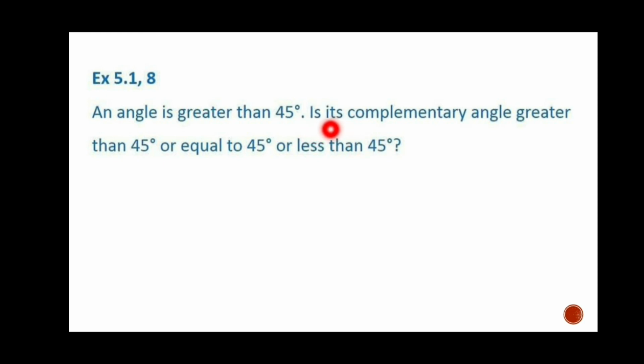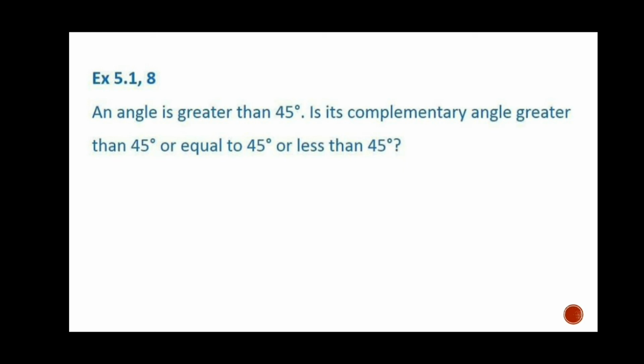So the question asked is about its complementary angle. Whatever the angle, its complementary angle will be greater than 45 degrees, or equal to 45 degrees, or less than 45 degrees. So we have to find whatever angle we have taken, whether its complementary angle is more than 45, equal to 45 or less than 45.